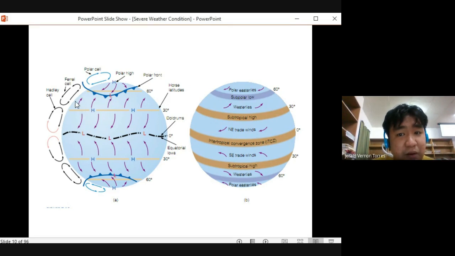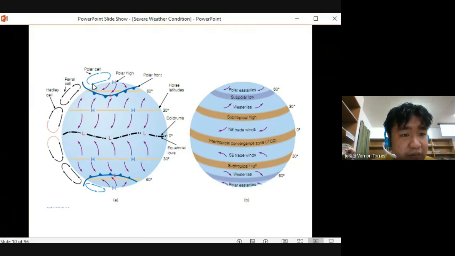And about these westerlies, they are formed by the Ferrel cell. So technically, the surface wind or prevailing wind found between 30 to 60 degrees will be called your westerlies, meaning its point source is from the west blowing to the east. And the last thing we will consider, class, is this one, at 60 to 90 degrees latitude, the surface wind formed by the polar cells.